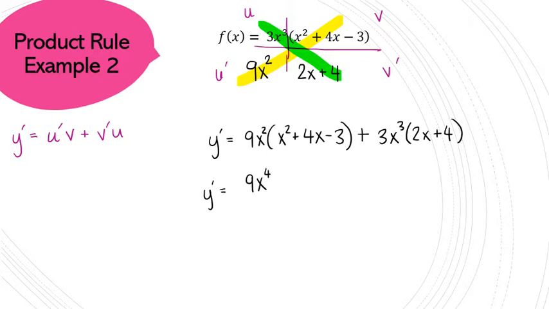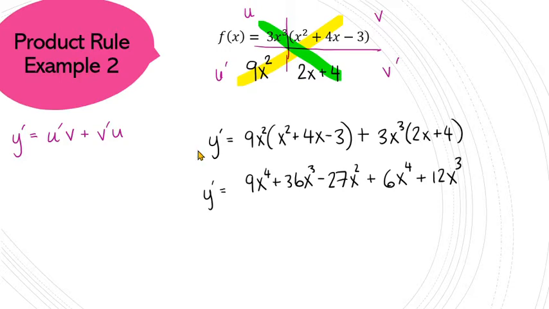9x to the power 4, 9 times 4 is 36. Exponent law is on the x's, minus 27x squared, plus 6x to the 4, moving into the second by distribution now, plus 12x cubed.